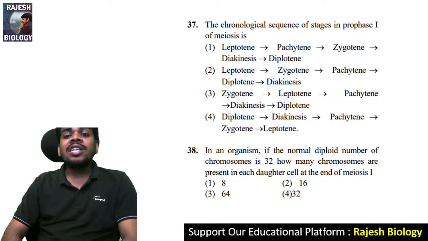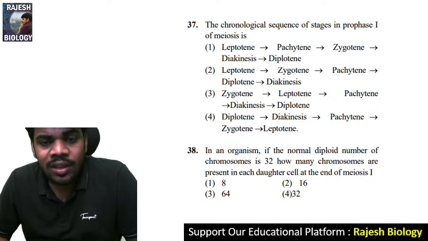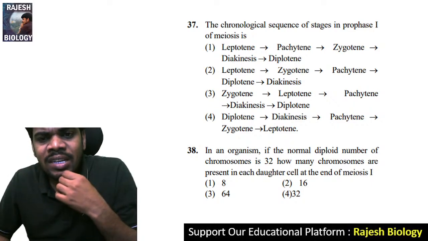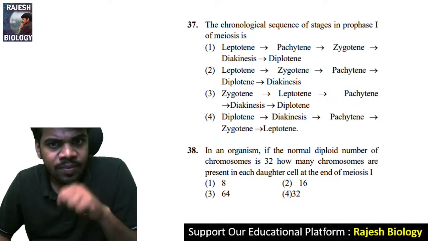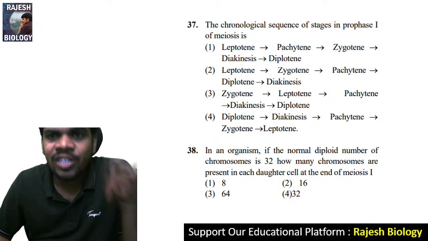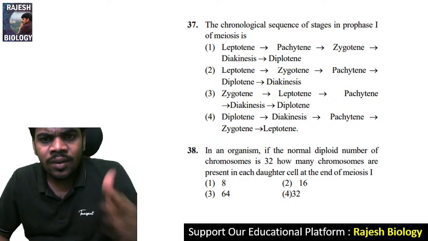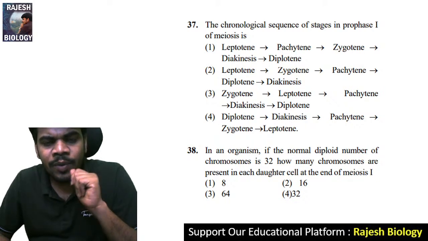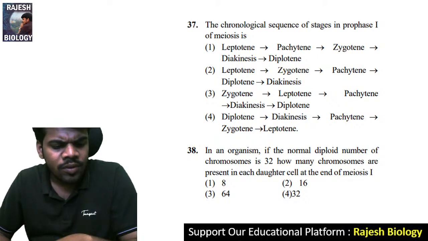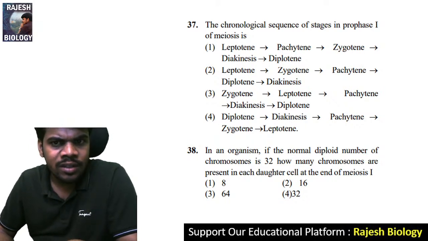The chronological sequence of stages in prophase 1 of meiosis. Yes, it is very important. I think this question arose in our previous quizzes when we discussed the cell cycle and cell division. It is a repeated question. The students who follow our regular quizzes can easily solve this, I think.